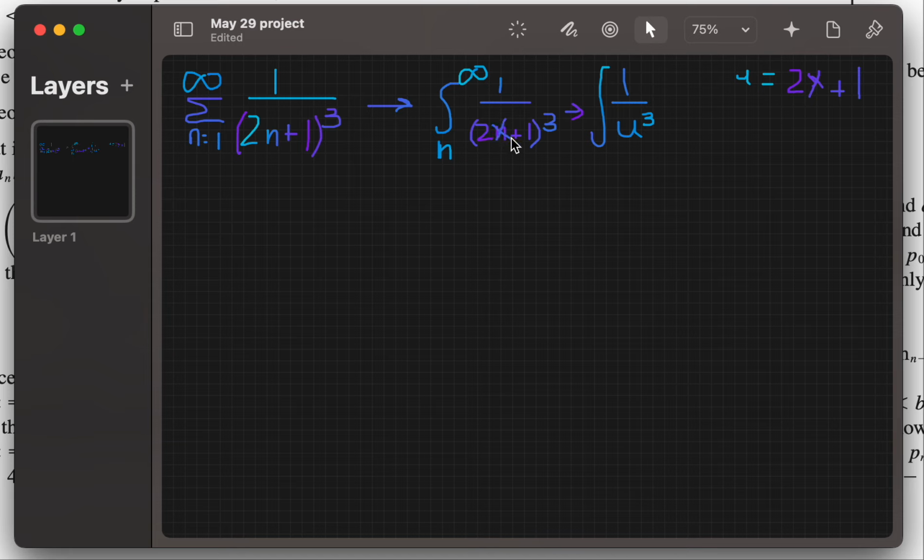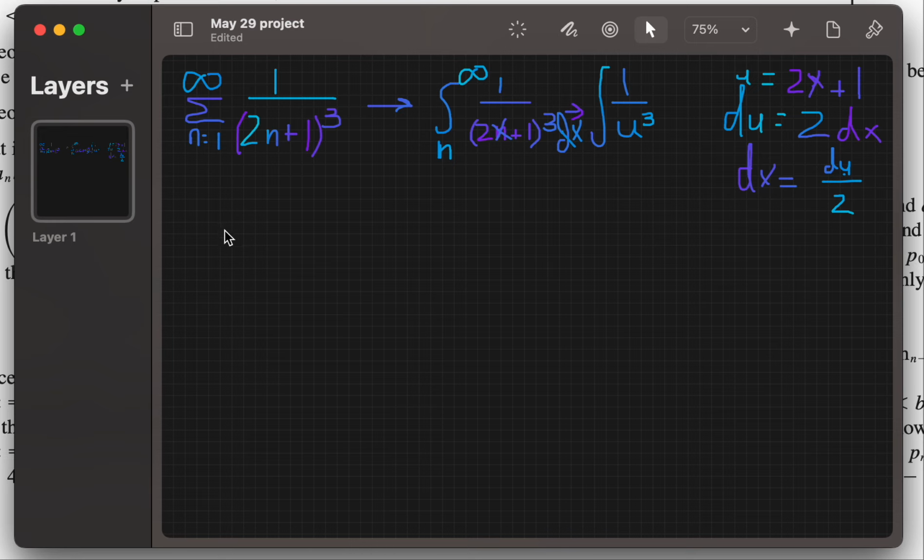Yeah, this should be x. That's dx. Right? Du would be 2 dx, and thus dx would be equal to du over 2.